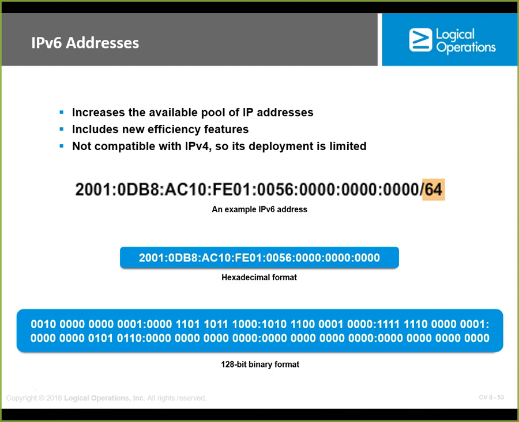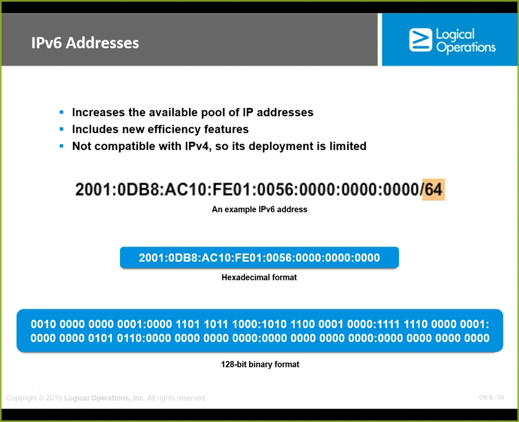IPv6 addresses are written in hexadecimal format, like the example there, and instead of writing out an entire subnet mask in hexadecimal, we use the CIDR notation /64. It says that the first 64 bits of this address are going to be the network portion of it. So IPv6 increases the available pool of IP addresses. It has new efficiency features.